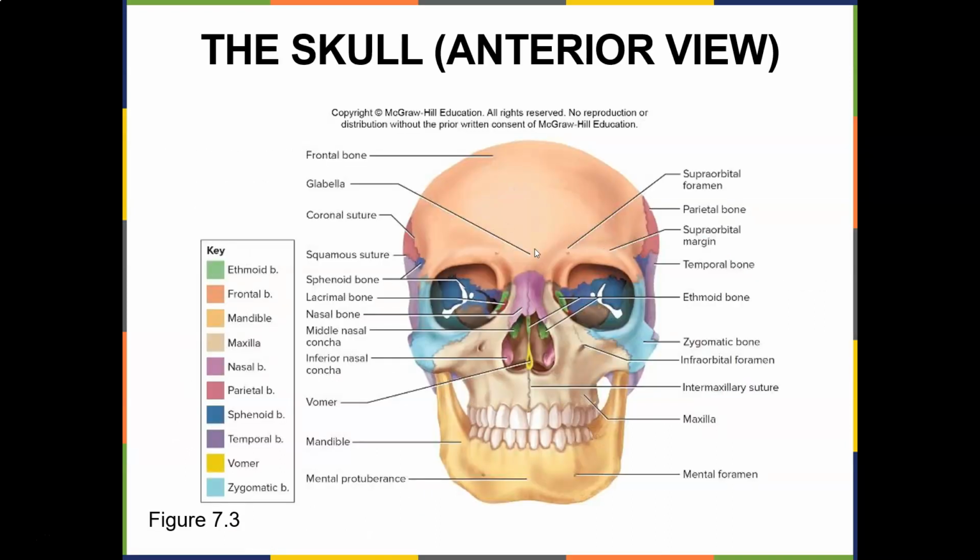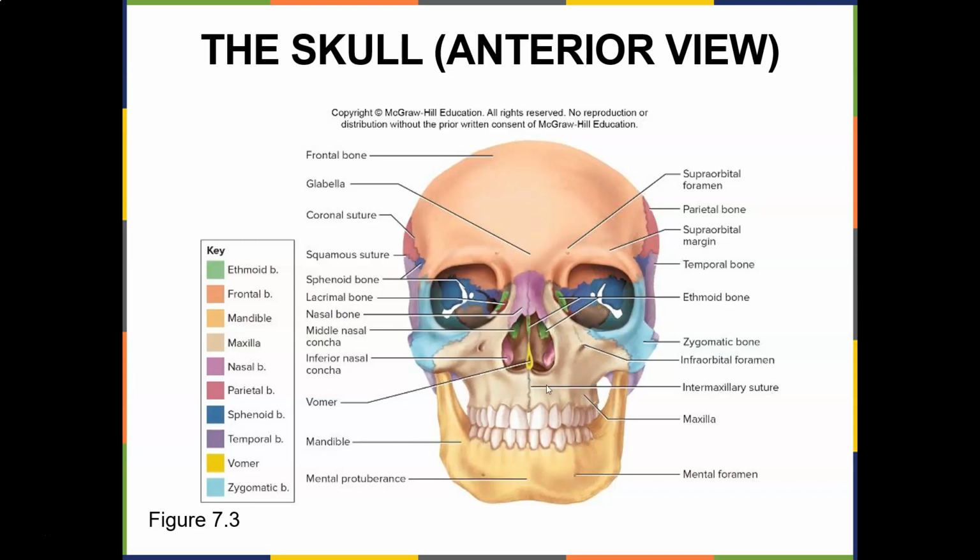Here's a front view, and definitely you want to know this view here. Here's the frontal bone. Here's the glabella, which is right in between your eyes and above your nose. Here's the coronal suture. Okay. Parietal bone. Ethmoid bone.